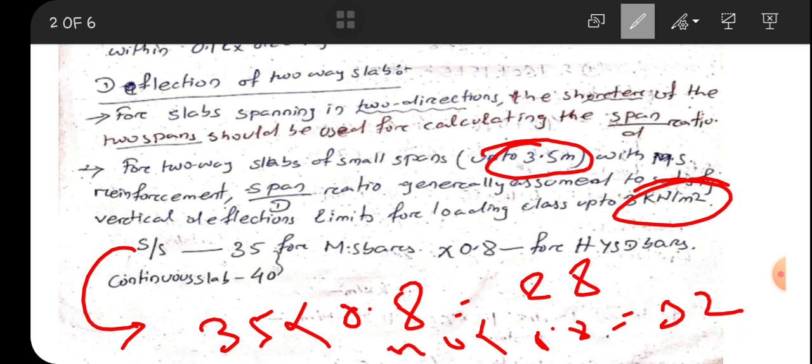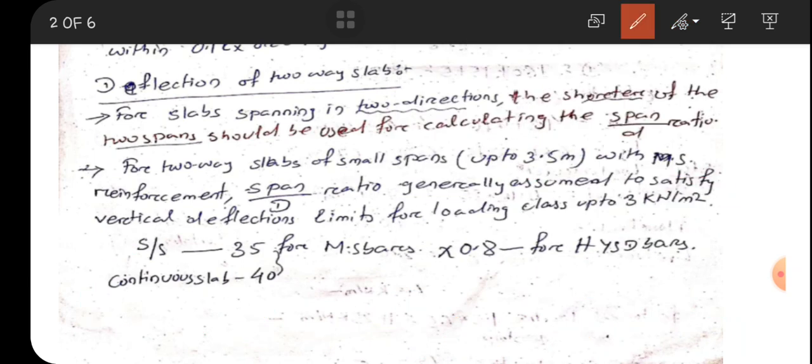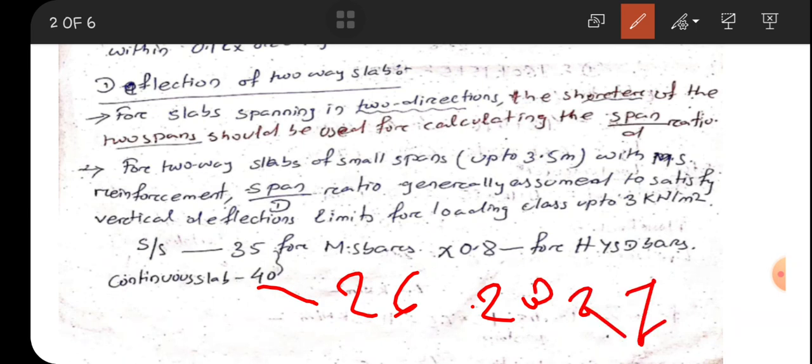For that condition the span by d ratio is the same as simple supported slab, that is 26 for continuous slab, 20 for simple supported slab, and 7 for cantilever slab.